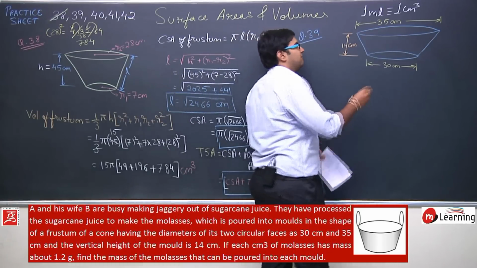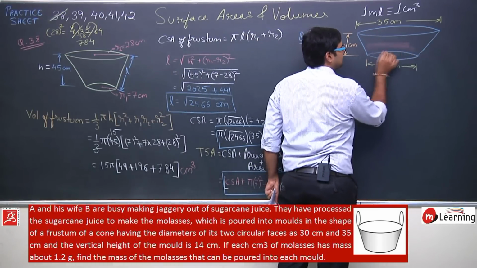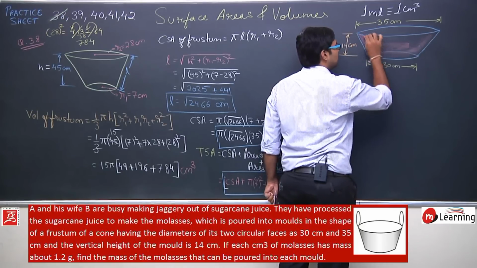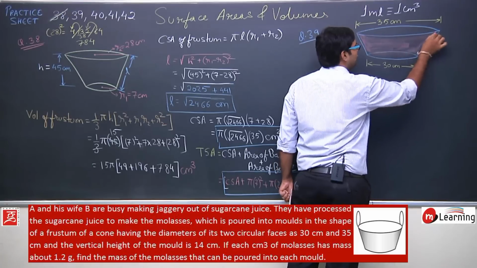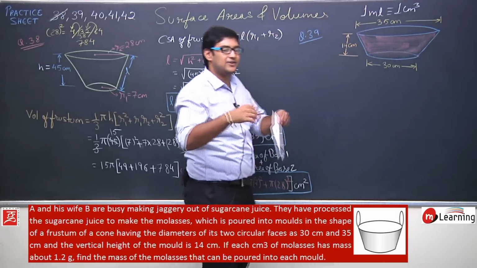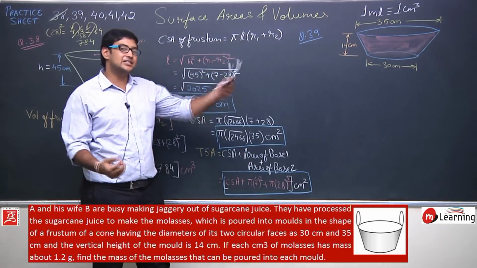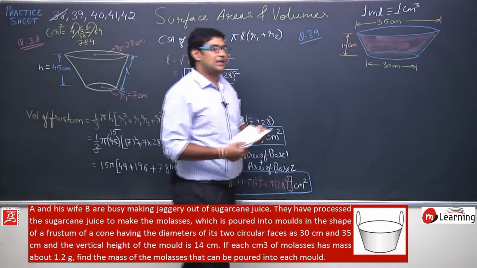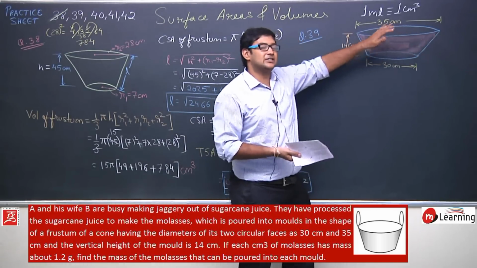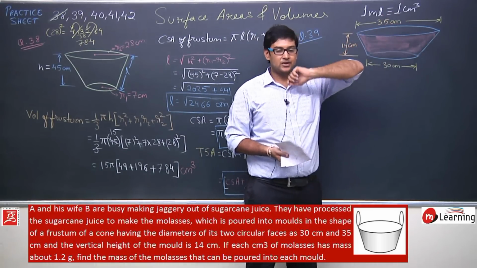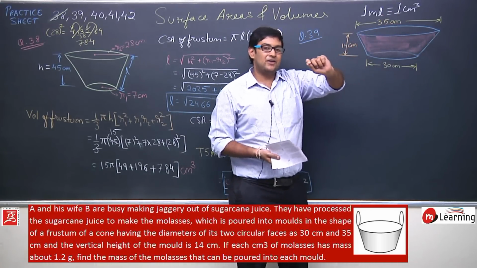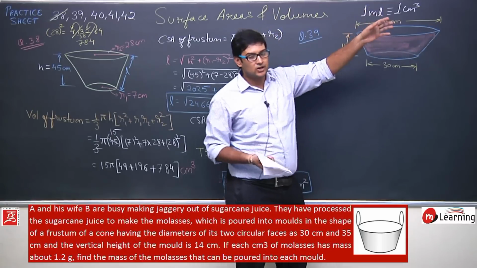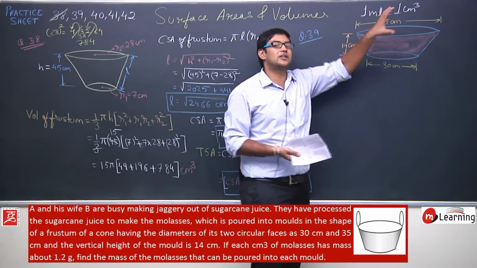So if I start filling this frustum with molasses, what will happen? This molasses will start occupying the space inside this frustum. And how much space can this molasses occupy? When I say that enough molasses is filled inside this frustum, it will be only when the volume of this molasses becomes equal to the volume of this frustum.